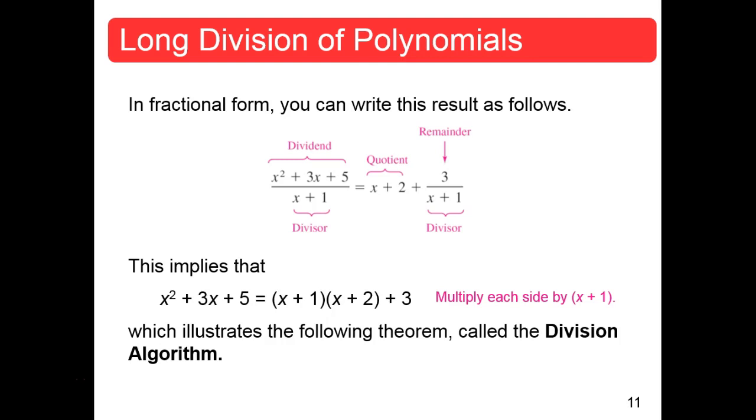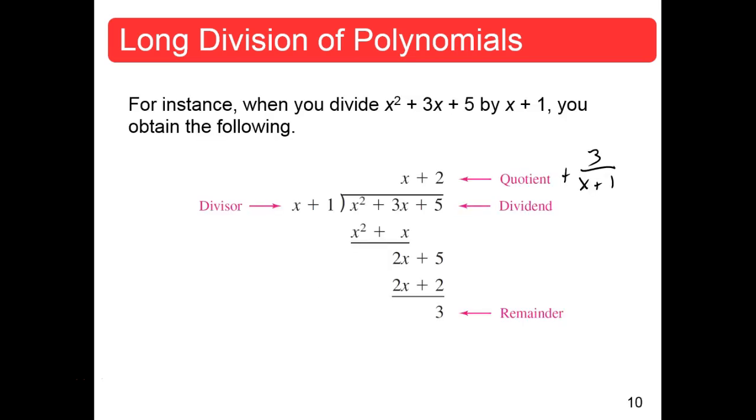And that implies, and here's another way you can write it, that the dividend is equal to the divisor times the quotient. Remember how you used to do that when you were checking your answers? When you divide, you check it by multiplying.